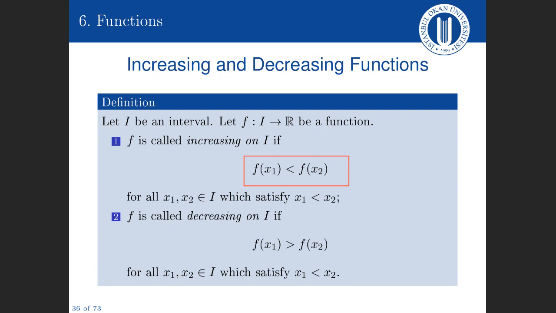And we say f is decreasing. We have almost the same thing, except we change less than to greater than. Still, we're looking at points where x1 is less than x2.